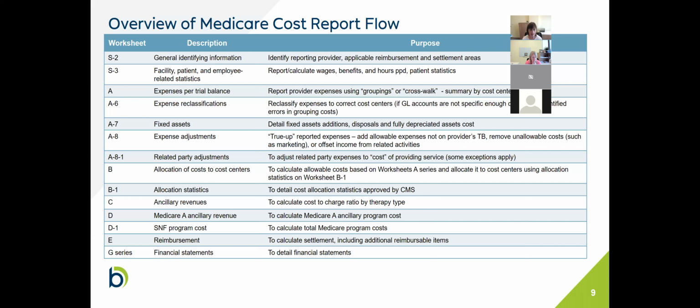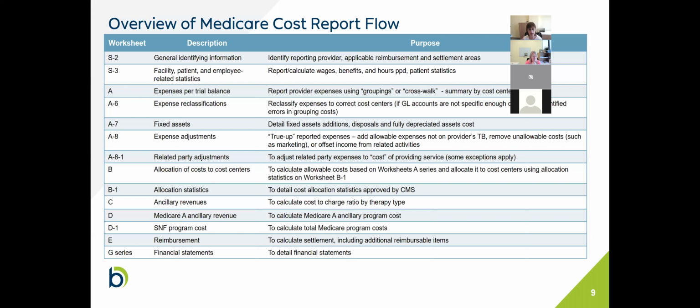Following that, Schedule A8 provides an opportunity for us to do adjustment of expenses, and basically it is a true up of reported expenses. And that is not only to remove expense, but sometimes add expense. And for your group, we are actually adding an expense related to central office.